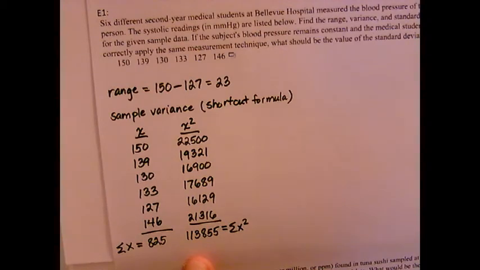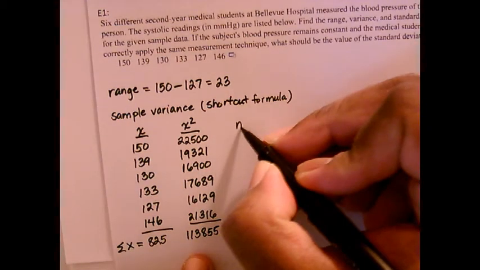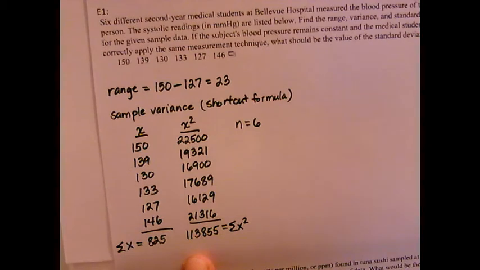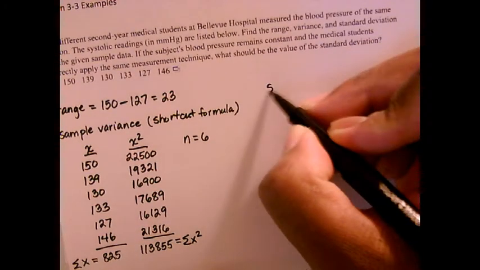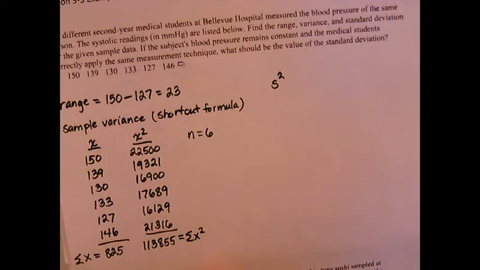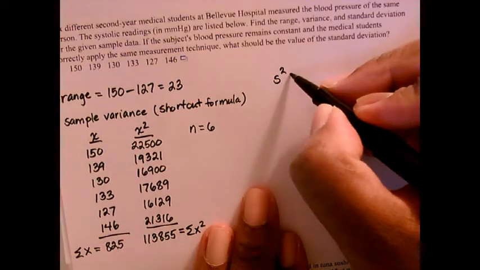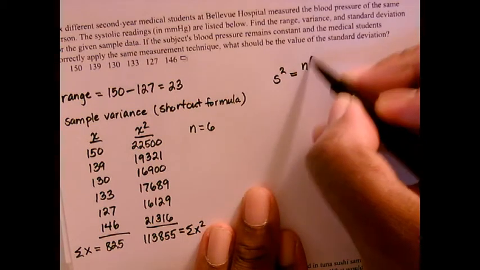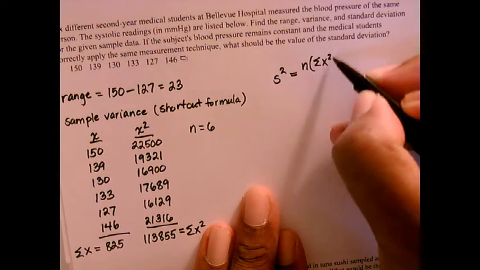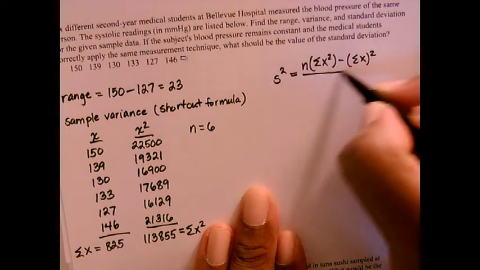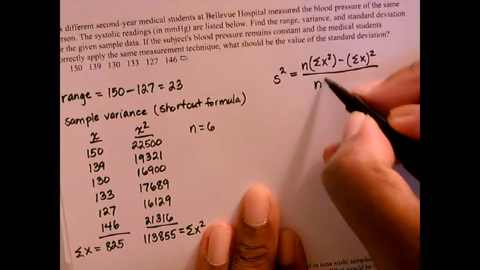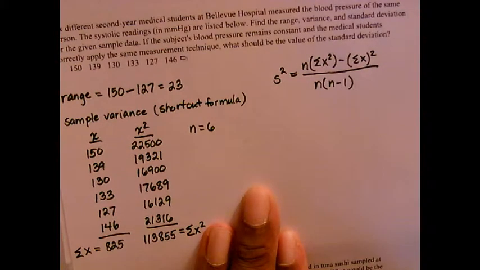Now, I'm going to use all of this in my shortcut formula. And by the way, there are 6 data values, so n is equal to 6. So my sample variance, which is s squared, is going to be this. I'll rewrite the formula as n times the summation of x squared minus the square of the sum of all your x's. All that's divided by n times n minus 1.